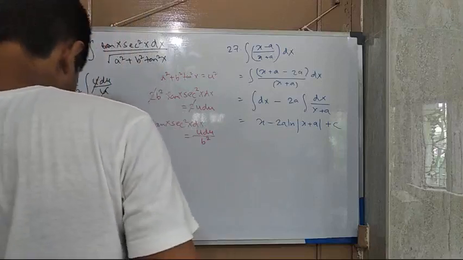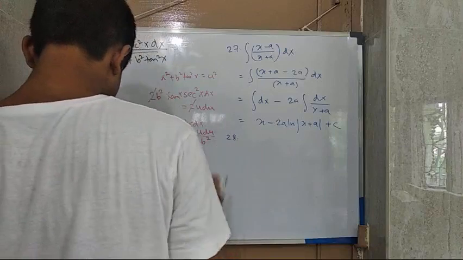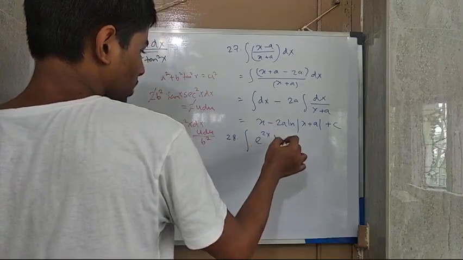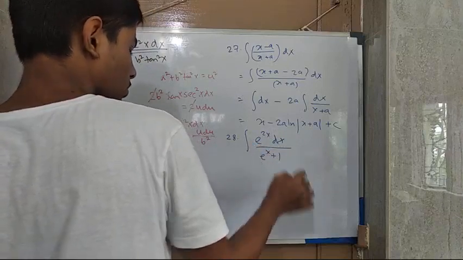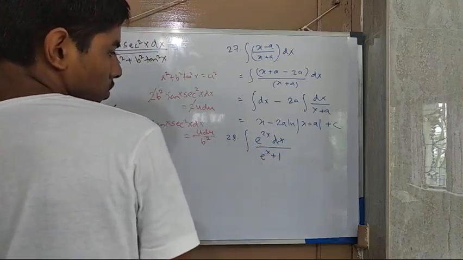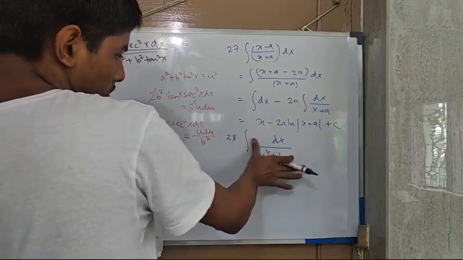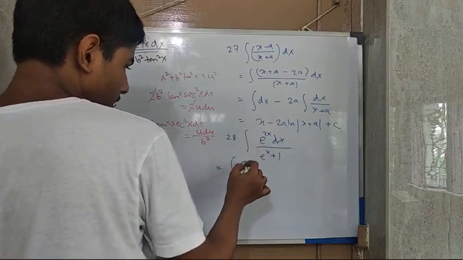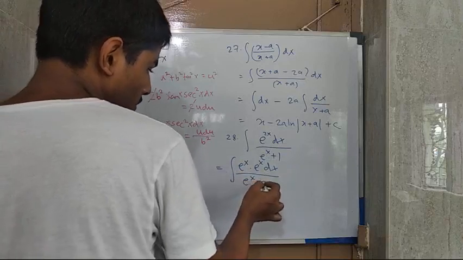Now let's proceed for the 28th integral, which is integral e to the power 2x dx by e to the power x plus 1. Let's in the second step write it as e to the power x times e to the power x dx by e to the power x plus 1.